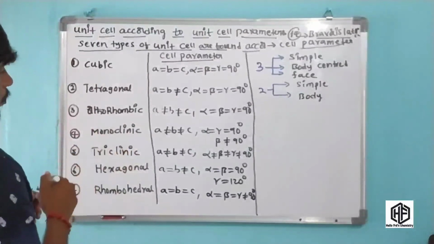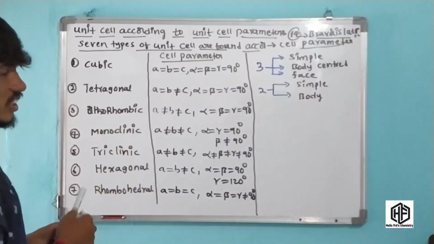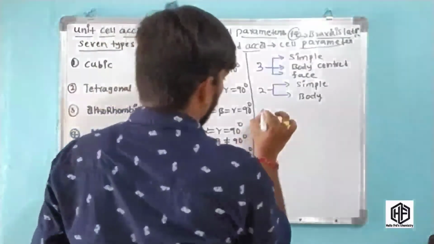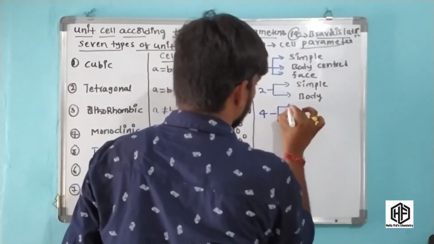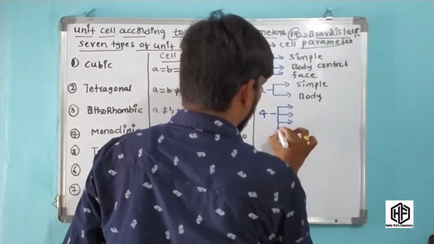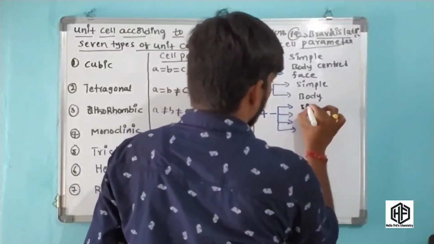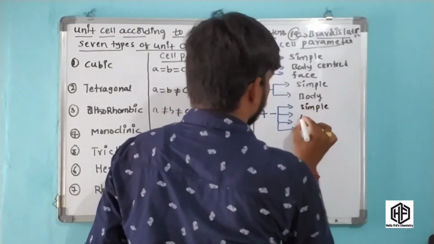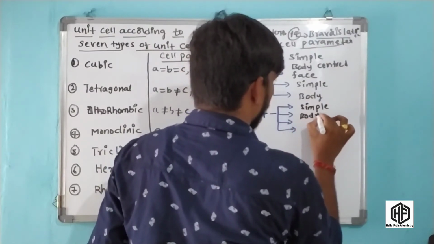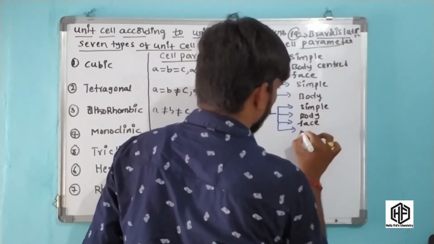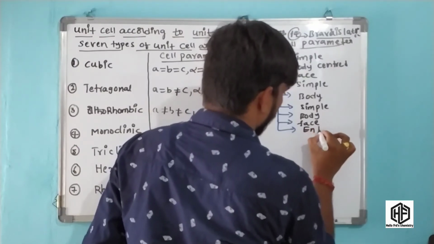And orthorhombic is experimentally further categorized into four types. Okay friends, four variations. The first is simple unit cell, the second is body centered, the third is face centered, and the fourth is end centered.